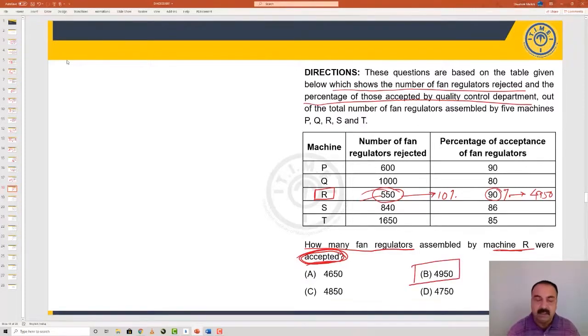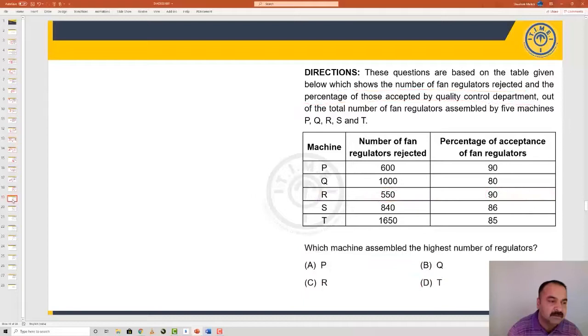This is how we look at the respective calculations from the point of view of percentage data. Let's look at this question now. It is asking which machine assembled the highest number of regulators. So now we do not look at percentages but the actual number. How many did you assemble, how much was acceptance, and this much was rejection.